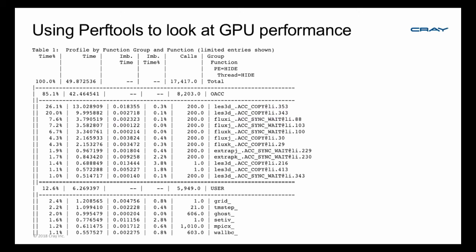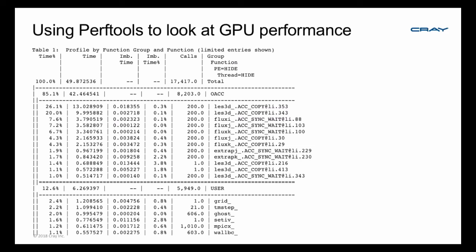And these ACC sync waits are all of those OpenMP loops or OpenACC loops that are in fact being used there. No, I'm sorry, I said something wrong. The copy at 353 and 343 are the copies I need for the parallel, for the halo exchange.